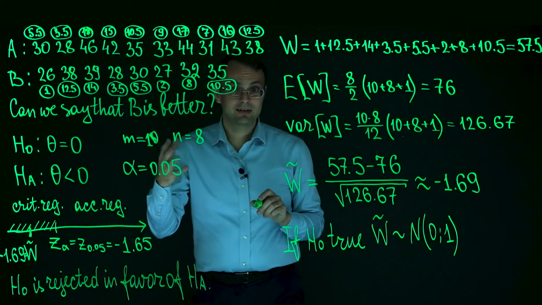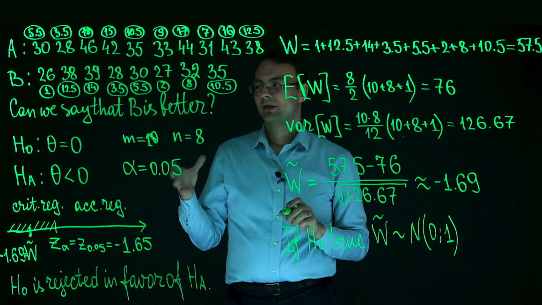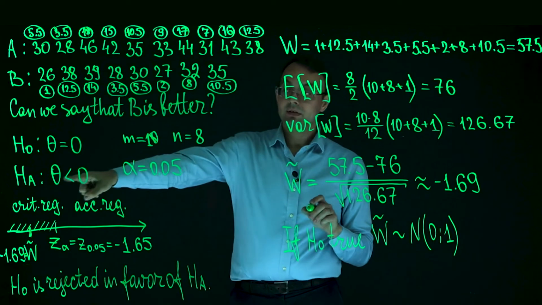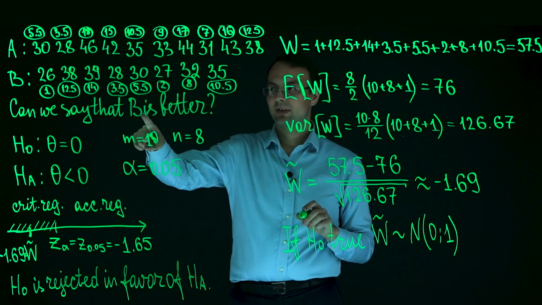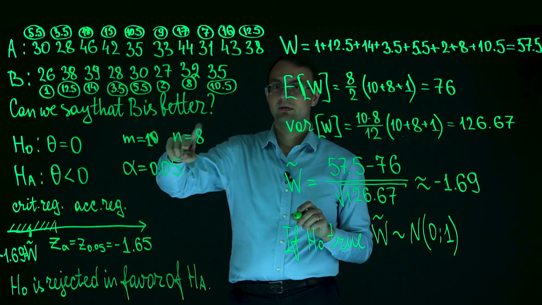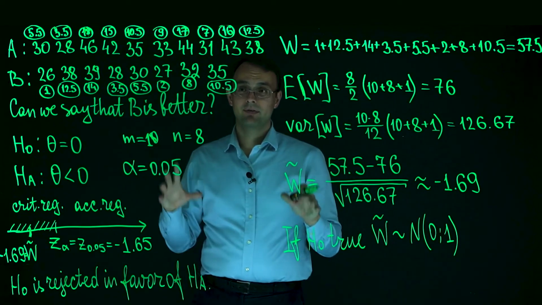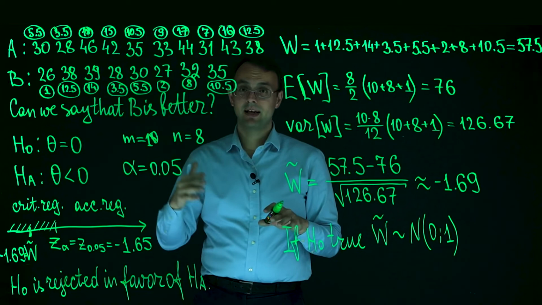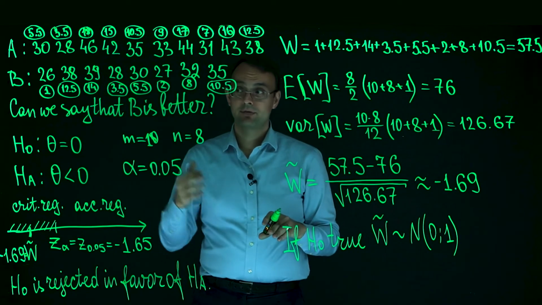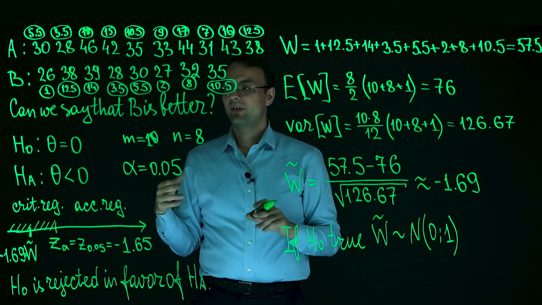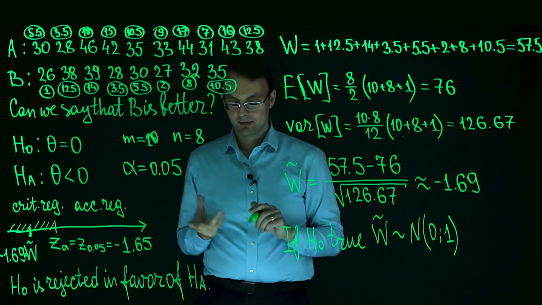So now let's answer the question we were asked. They say, can we say that B is better? The alternative hypothesis means that the average time visitors spend looking for their flight is less for the B variant, and this means that B is better. And so our answer is yes, we can.